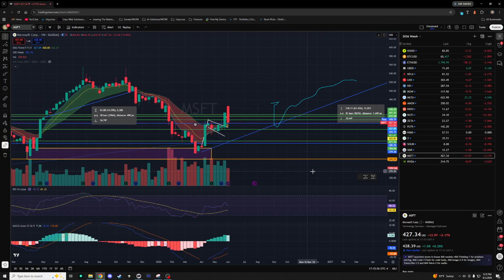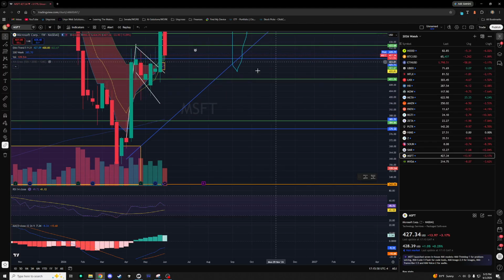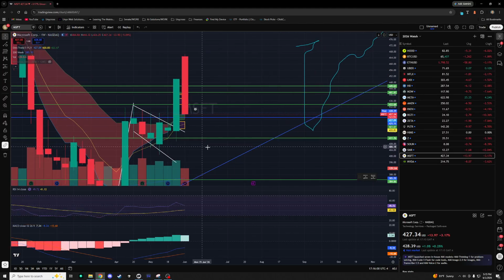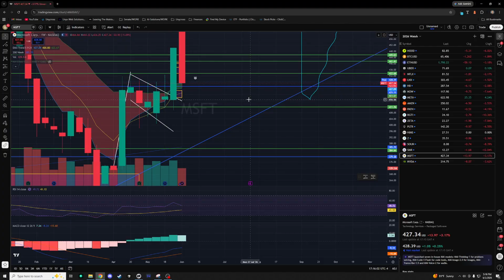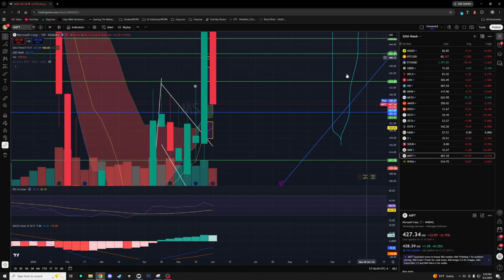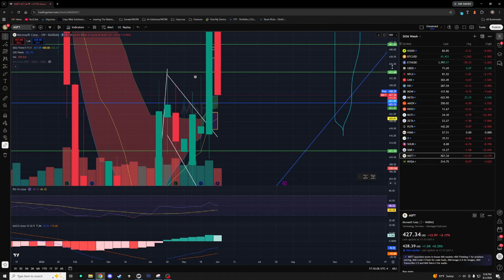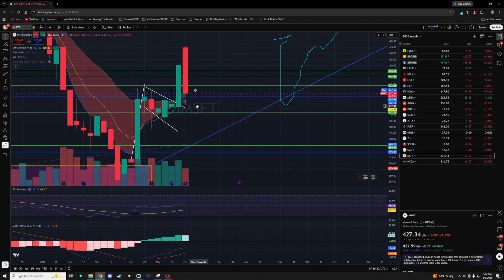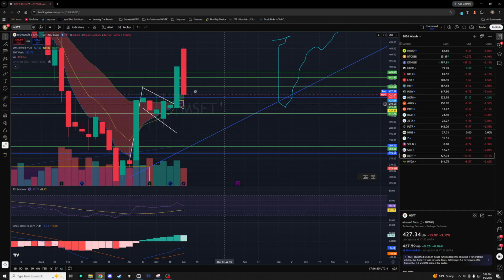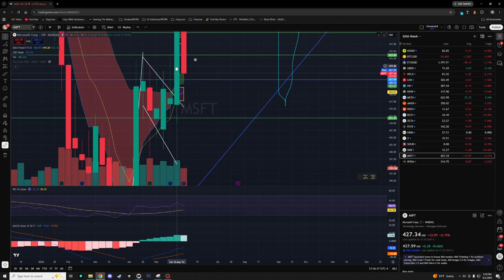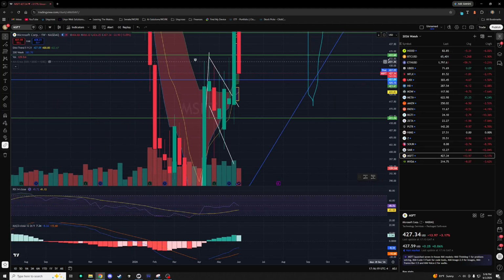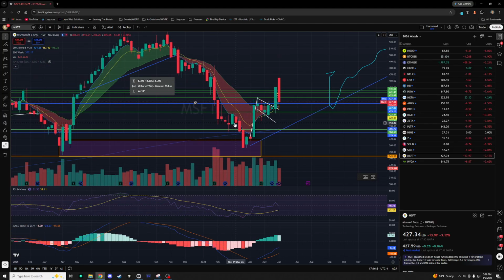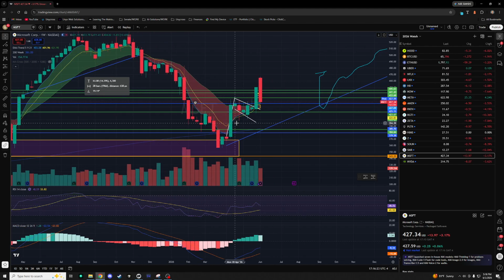And now, what do you notice is happening with Microsoft right now? It just turned green, and I had you guys in down here. But it just turned green on the weekly, okay? And you're pulling back into that range. Could this move get faded? 100%. Honestly, wouldn't surprise me.